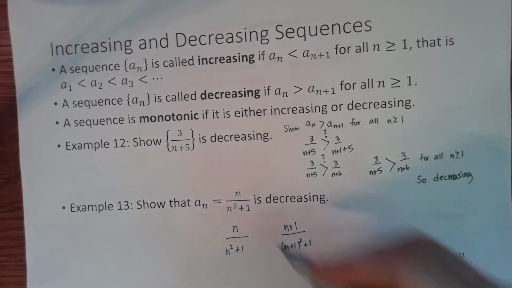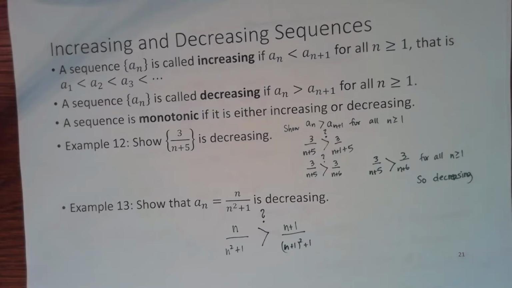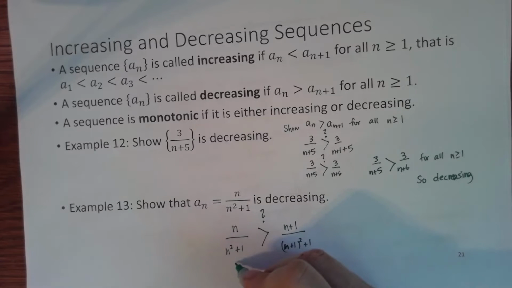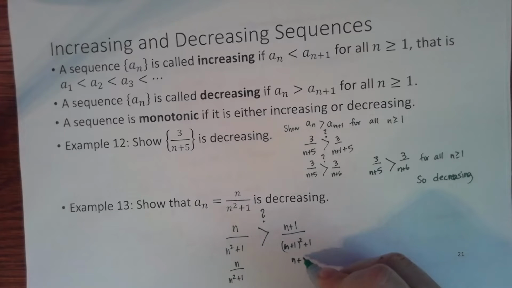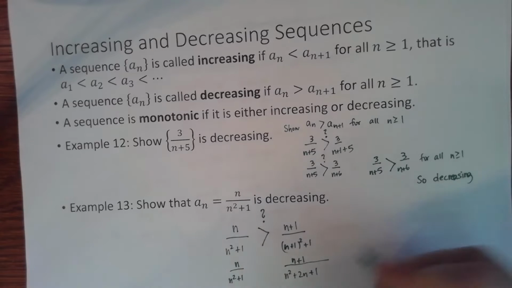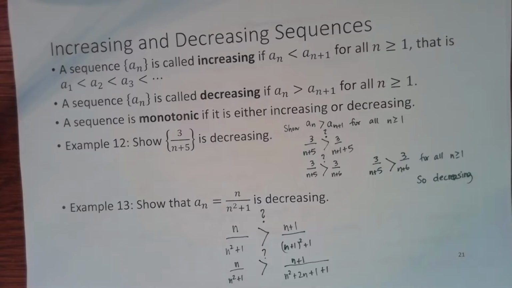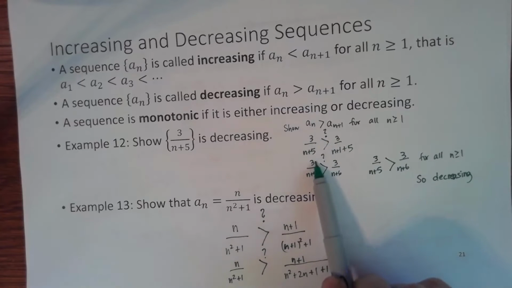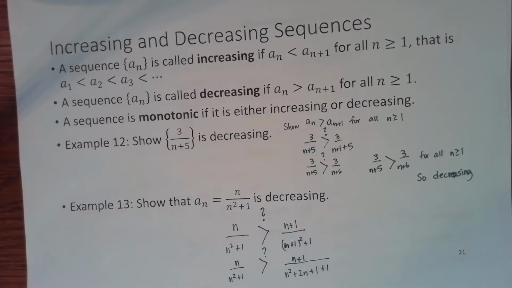Then I'm asking myself, is that relationship true? Let's expand that out. This is just n over n squared plus 1, and this is n plus 1 over n squared plus 2n plus 1, and then plus 1. Up here we had the same numerators, so we just had to look at the denominators, but here the numerators aren't the same, so we can't make quite that simple of an argument.